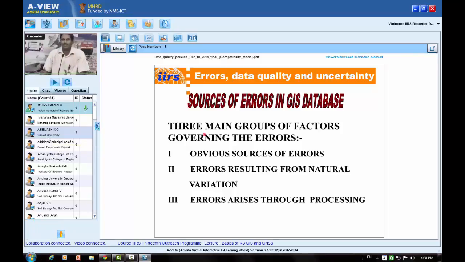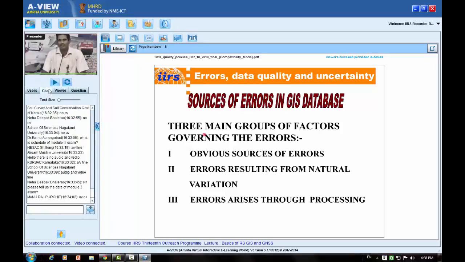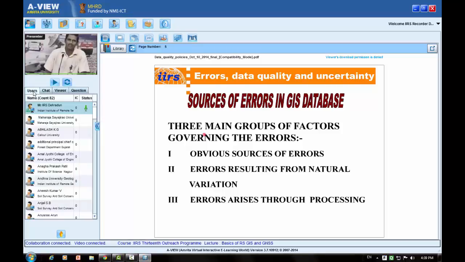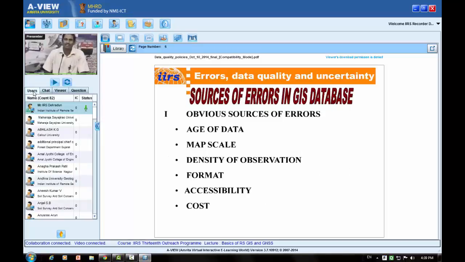In the GIS map we show a simple line, but on the ground it probably has a bigger width, maybe 100 meters or 200 meters. If you go to big rivers, the river bank is very wide. So the variations between what is on the ground and how you bring it into your system come as errors. Then there are errors arising through processing, like when you digitize. So these are the three types of errors you get in GIS.